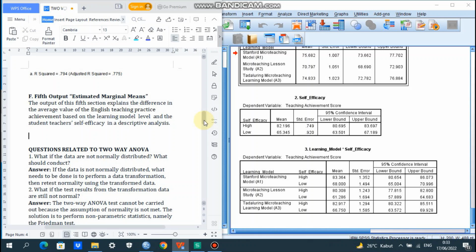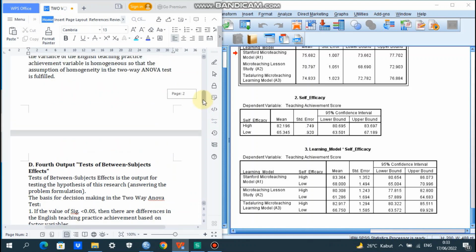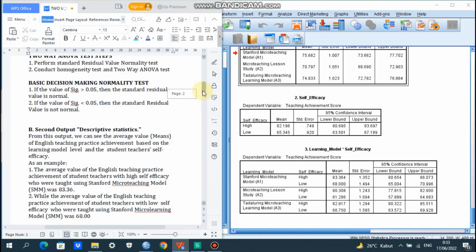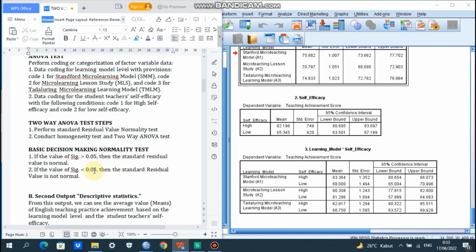You must find the standardized residual value and find out whether the standardized residual values are normally distributed or not, yeah. And then you can go to the next step. If the standardized residual values are already normal, you can go on to conduct the homogeneity test and two-way ANOVA.